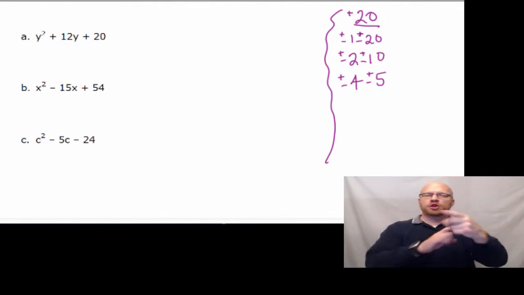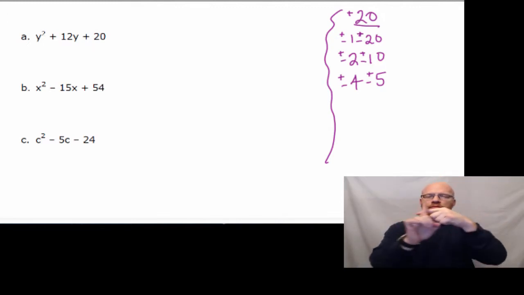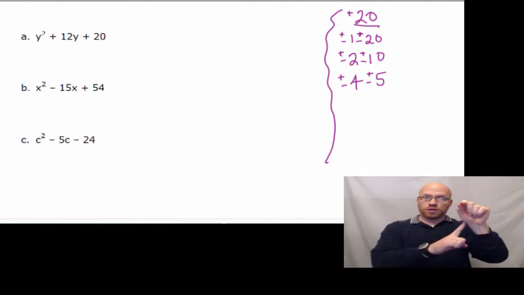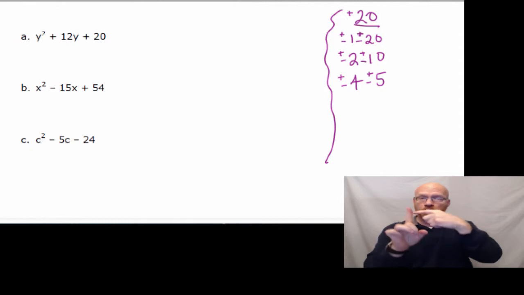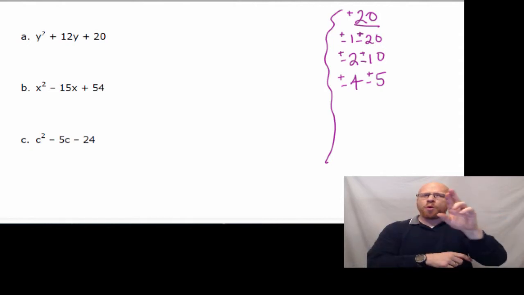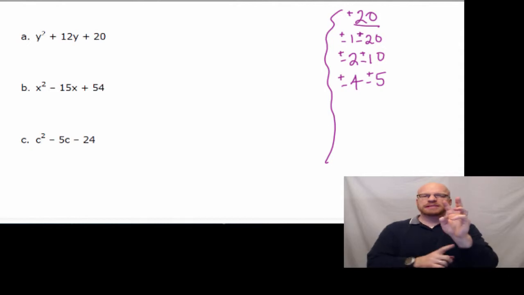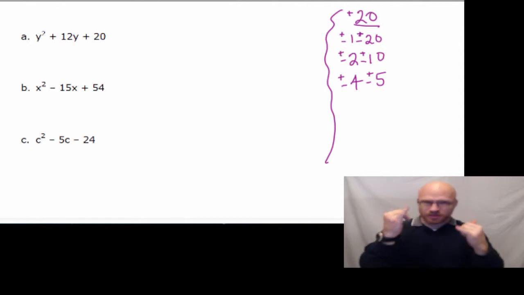Okay, you'll notice I used positives and negatives for each pair. The reason is because positive 20 can be either two positives multiplied together or two negatives multiplied together, and they both equal positive 20. So our three pairs become really six pairs.